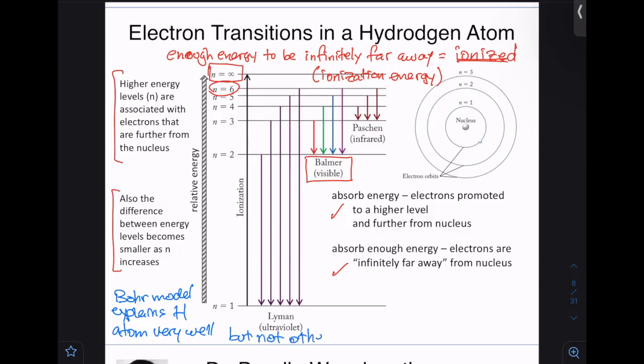We still need to refine this a little bit better. It not only doesn't explain all of the other ones, there's a few other mysteries that it doesn't explain. For example, when the electron loses energy, why does it fall back down to the ground state? Why doesn't it go further? Why does it stop at the ground state? Remember, don't forget what the ground state is here. The ground state is the most stable.